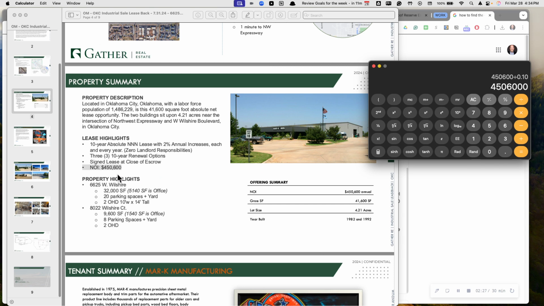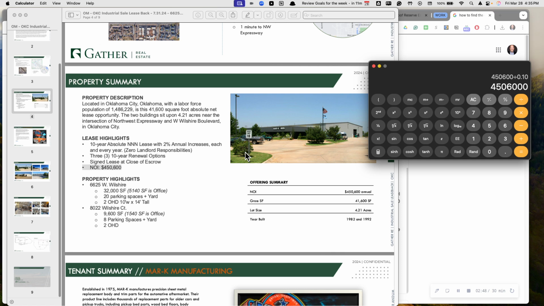And that makes sense because the NOI is 450,600, and you multiply that by 10, obviously, and that's 4 million. So they're probably looking for somewhere close to 4,500,000 on a purchase.